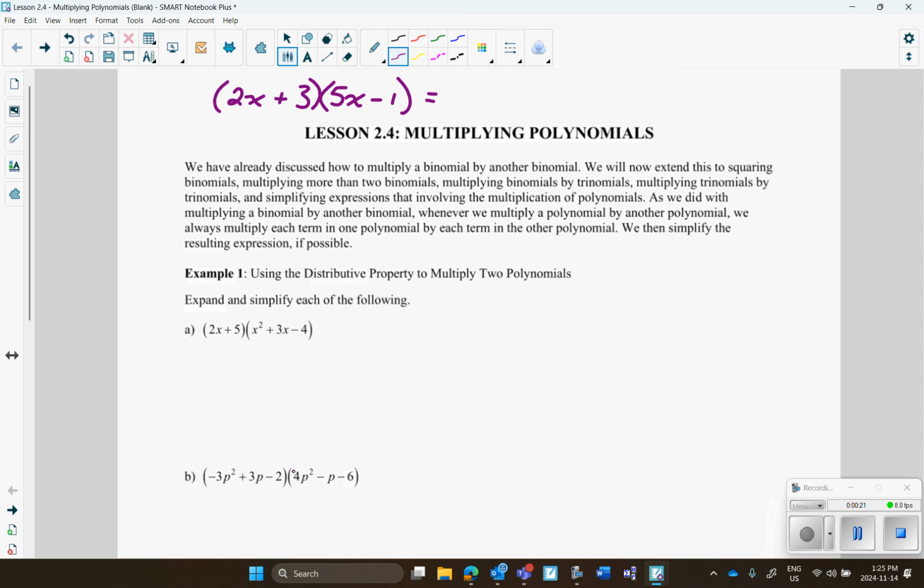How many multiplications do you have to do? Two? Four is correct.